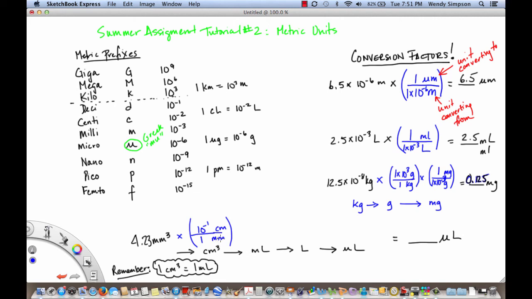So I can take my conversion factor that's in length and I can make it a volume conversion factor. How do I do that? I cube everything. So what I do is I have to cube the number, 10 to the minus first, I'm going to cube that, and I'm going to cube the unit. So I have 10 to the minus first cubed centimeters cubed. All right? And same here on the bottom.